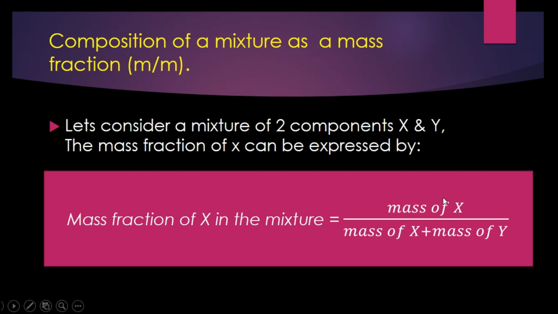Because we have to find the mass fraction of x, the mass of x will come on top. And the total mass of the mixture will come down. Here the total mass of the mixture is the mass of x and mass of y.